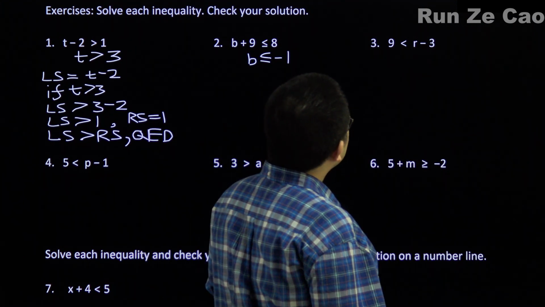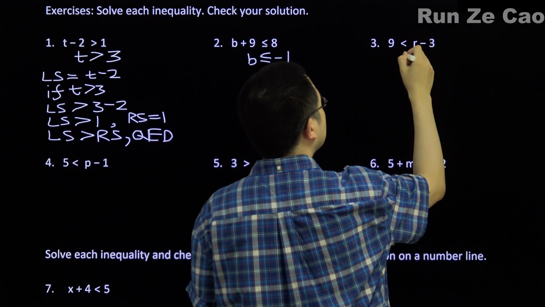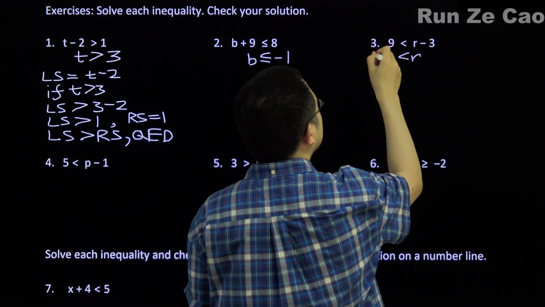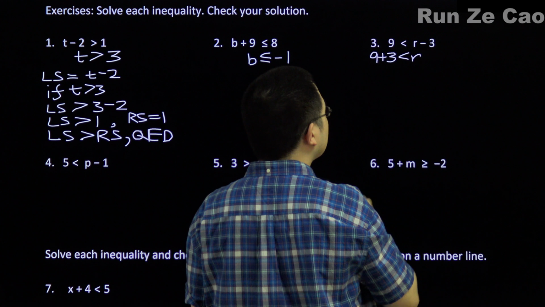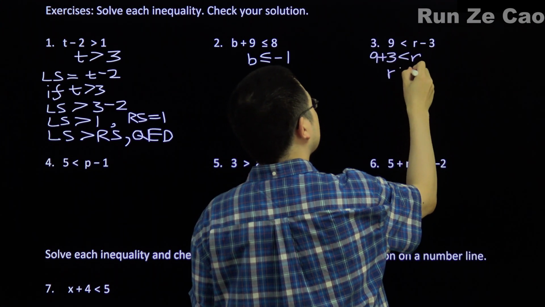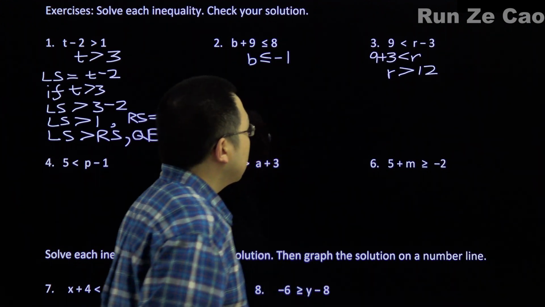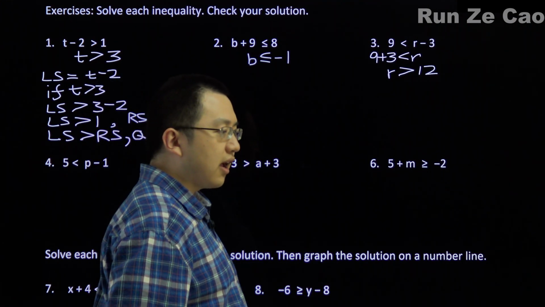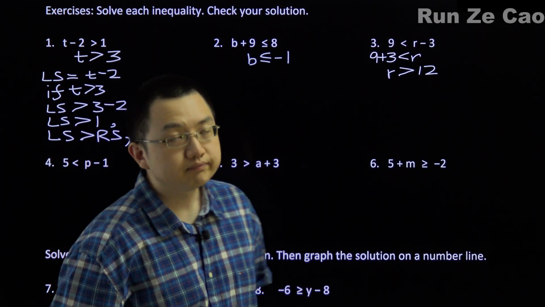9 is less than r minus 3. Well, r is therefore greater than 9 plus 3. So we add 3 on both sides. Therefore, r is greater than 12. So, what happens when you have your right side be a number that's bigger than 12 minus 3?